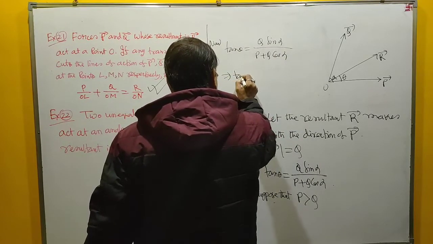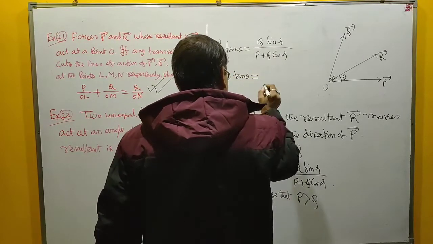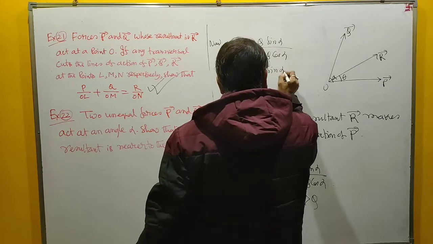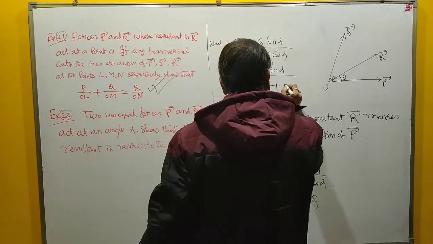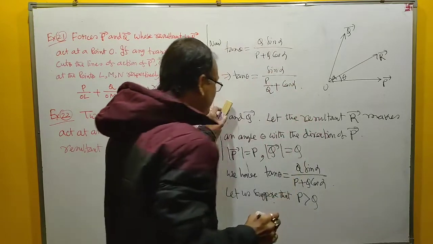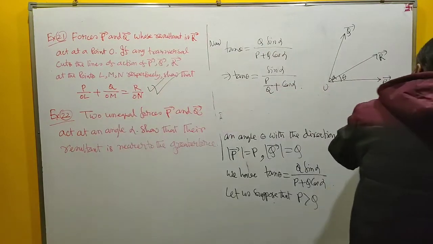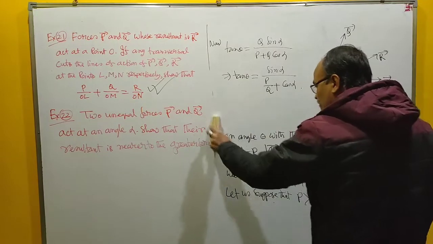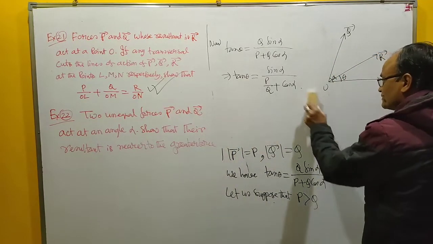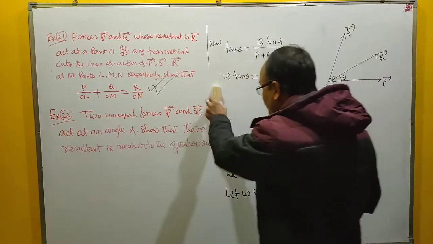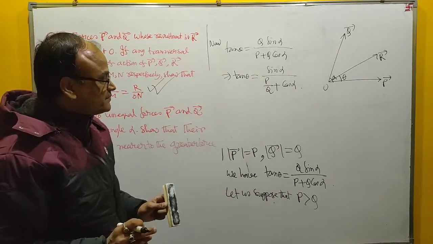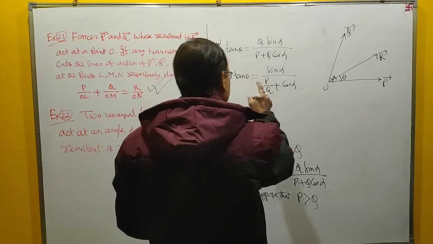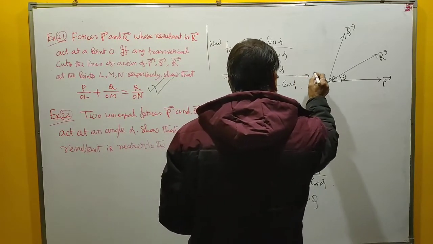This means tan theta equal to sine alpha, dividing numerator and denominator by Q. You may write it like this. Suppose this is number 1.